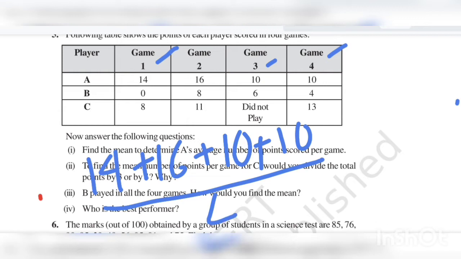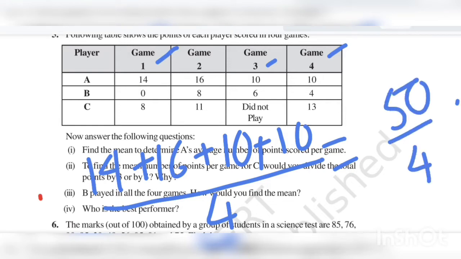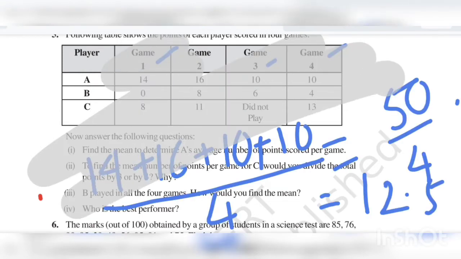As we are getting 4 different observations, we will divide by 4. After adding these all, we are getting 50, divided by 4. Let's convert it to a decimal number. It will be 12.5. So this is the mean score of A.